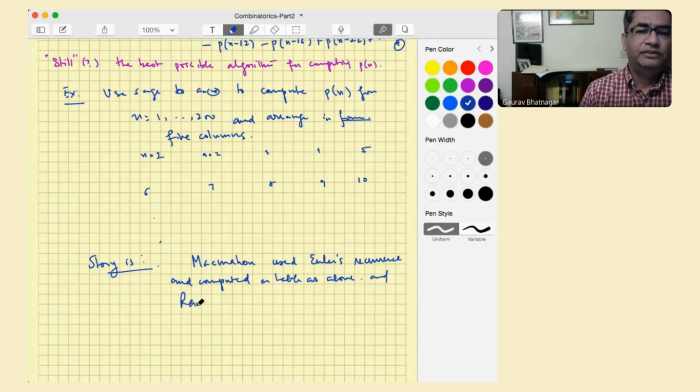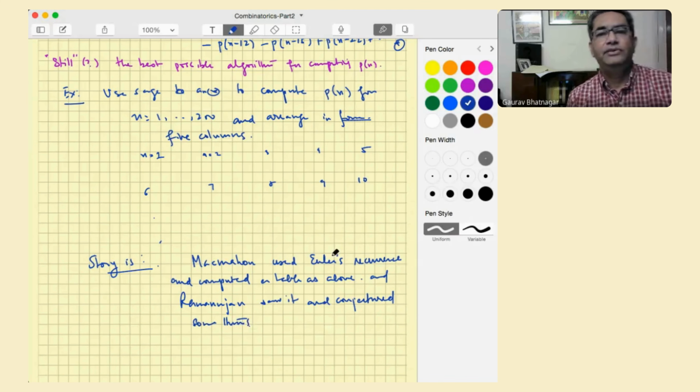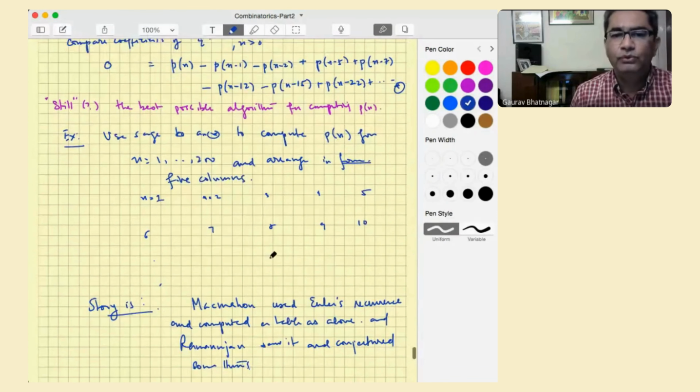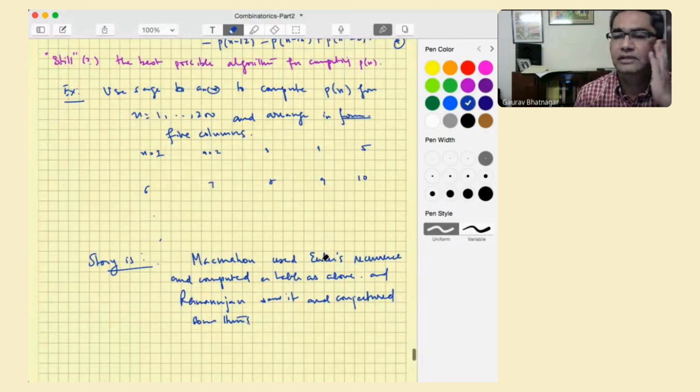And then Ramanujan saw it and conjectured some theorems, which they eventually proved. So he just looked at it and then he started conjecturing stuff. He saw some pattern. So I want you to generate it and then see if you can spot a pattern. Okay.